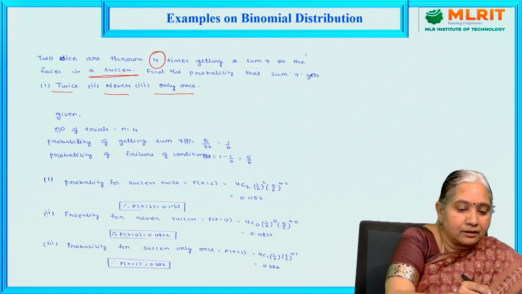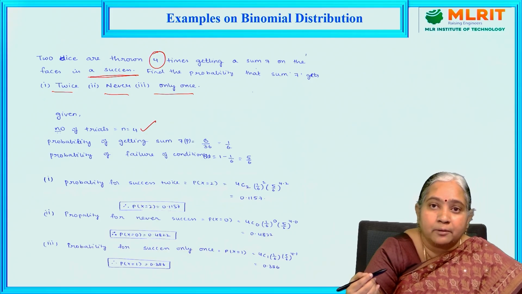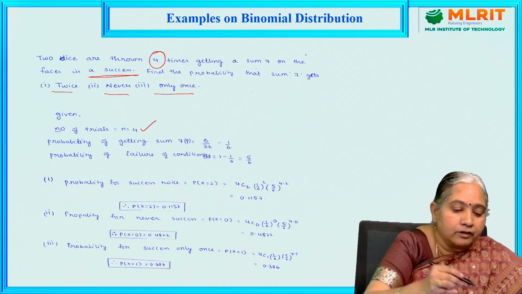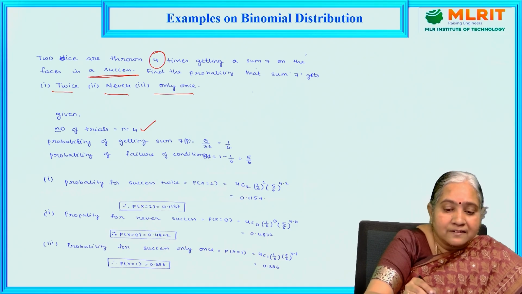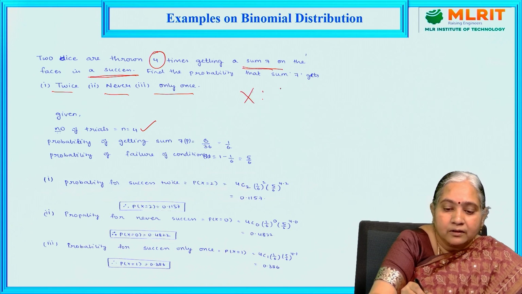So here the data is n equal to 4. Number of times the 2 dice are thrown is 4. So that's why n equal to 4. And the success event, capital X, is defined as the success event sum 7.